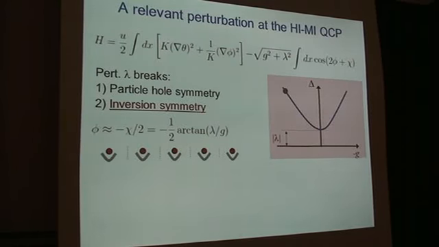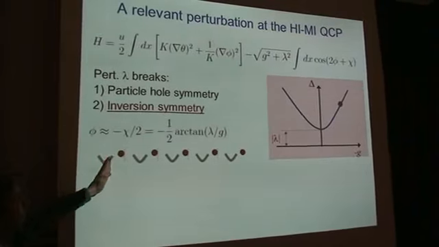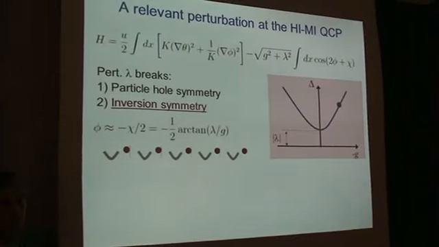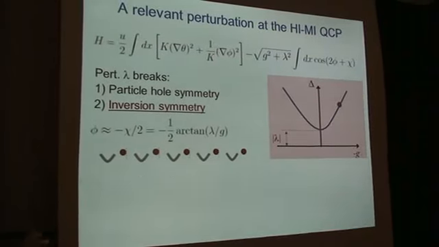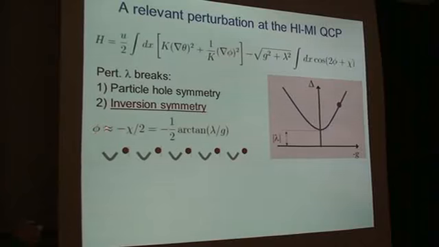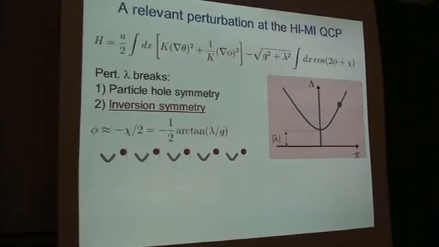What happens now that I tune g from being positive to being negative, I simply continuously take my particles from being centered around sites to being centered somewhere off site.